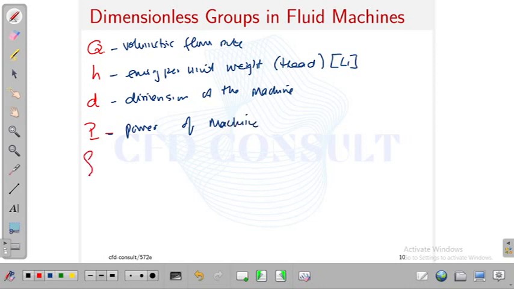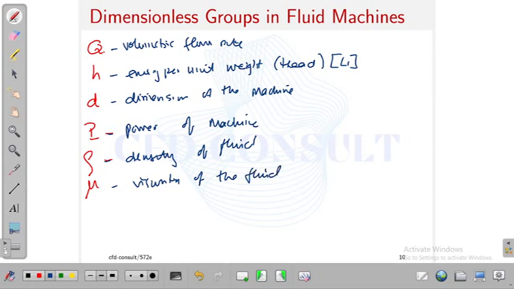Very important is the fluid characteristics, the first one of which is the density of the fluid. And the other important fluid characteristic is the viscosity of the fluid. An important machine parameter is the rotational speed of the machine.